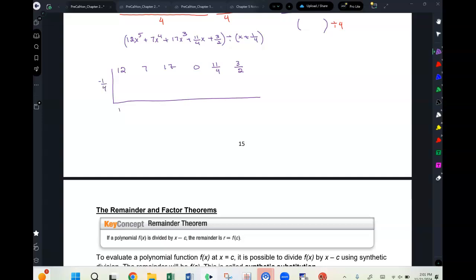Okay, so 12, what do we get here? Okay, so 4, negative 1, 16, negative 4, negative 1, ooh, positive 1.